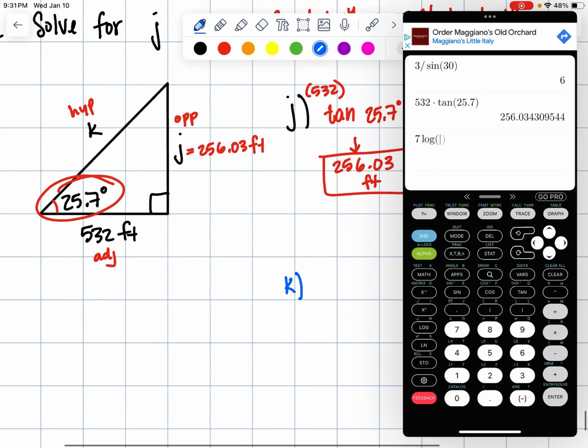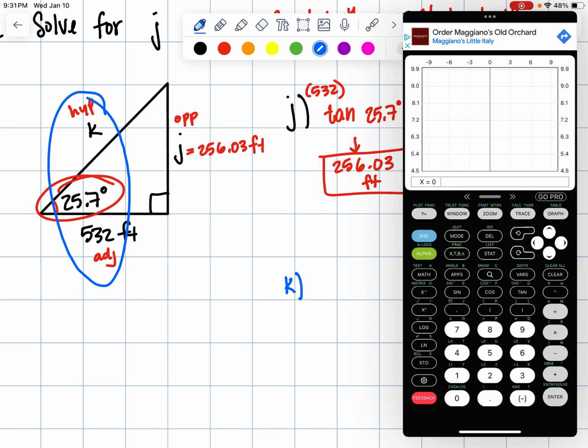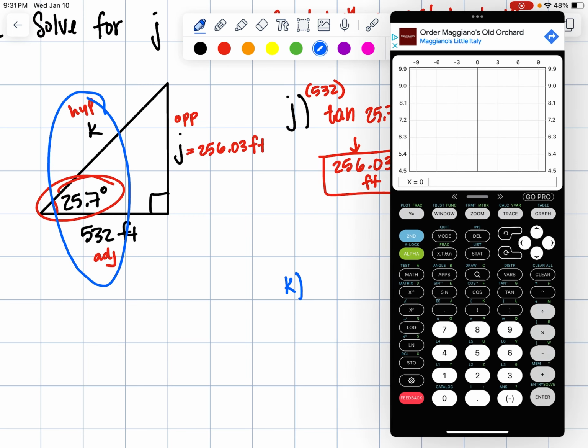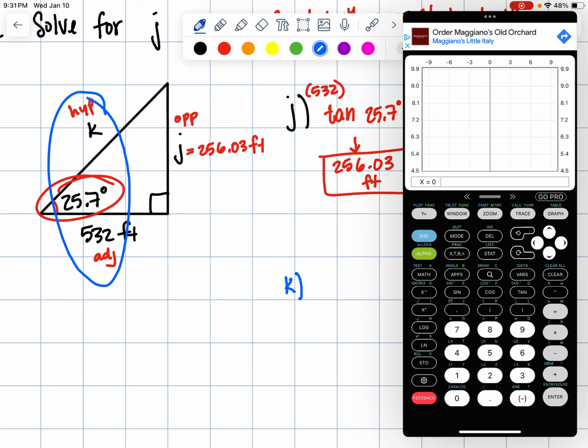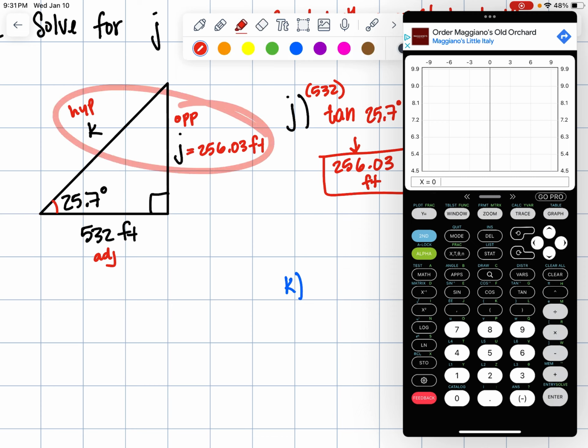K can be solved using the same method, looking at which trig function involves adjacent and hypotenuse, which is cosine. For those of you wondering, can you use, for instance, sine here?